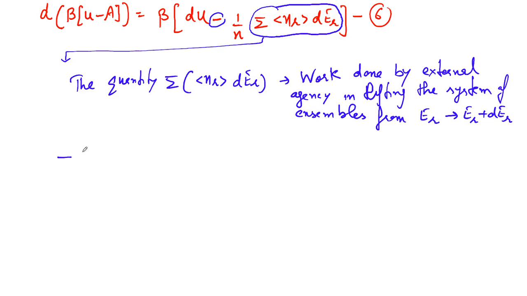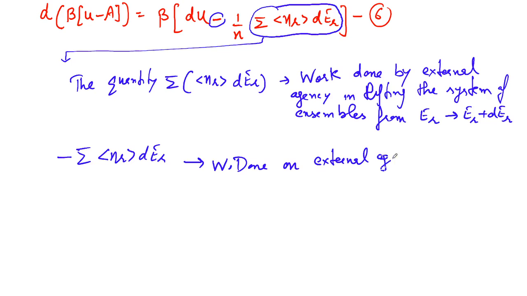So negative of this summation of Nr into dEr represents work done on the external agency, our heat reservoir, by the systems of the ensemble.